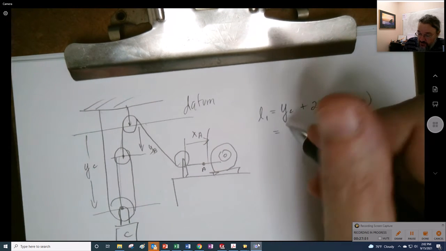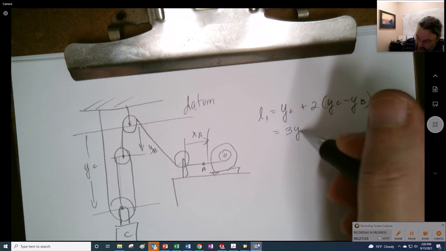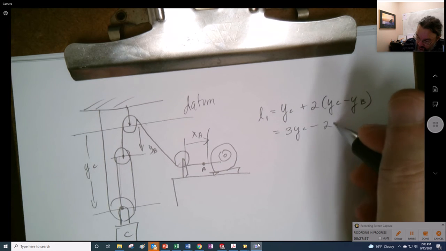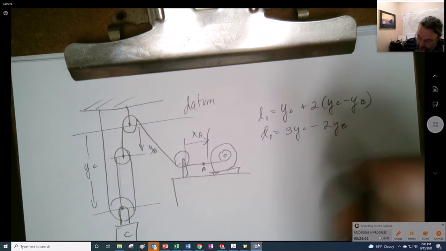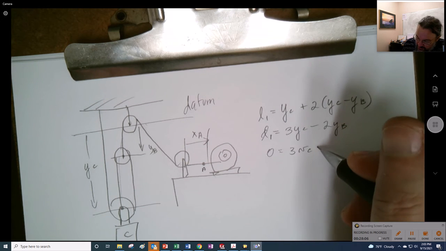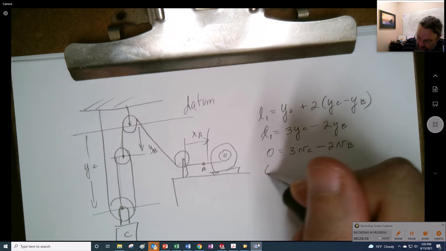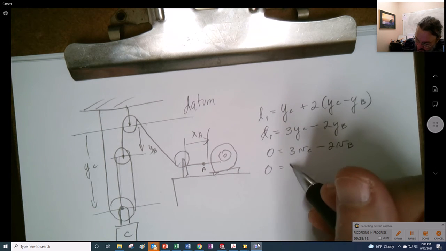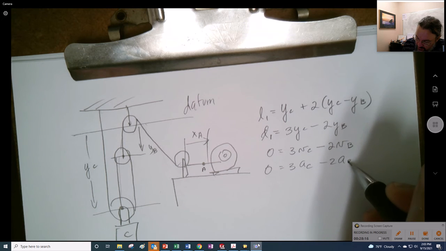So that ends up being 3YC minus 2YB equals L1. Then we take the derivative and get 3VC minus 2VB. Take the derivative again and get 3AC minus 2AB.